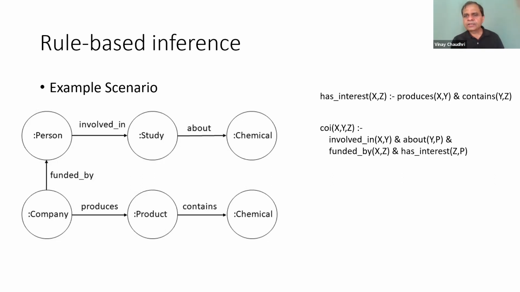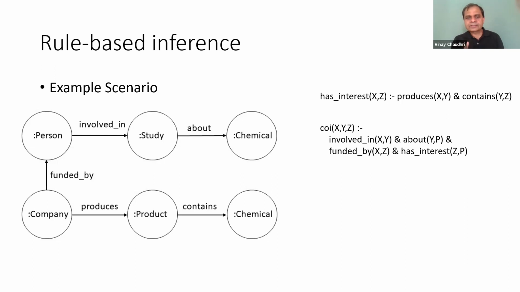The first rule here is simply calculating the interest of a company in a particular product. And what this rule is essentially saying is that a company X has interest in a product Z if that company X produces Y, and then Y contains Z. Okay, so I actually misspoke.